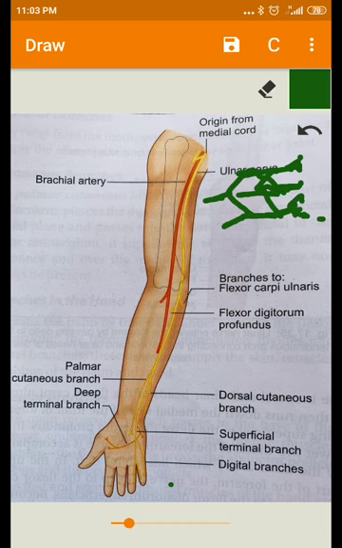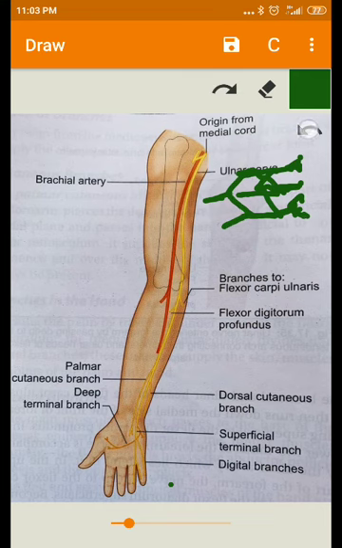Sometimes some branches coming from C7 are also associated with the ulnar nerve. So this is the course and root value, C8 and T1, of how the ulnar nerve is formed. The ulnar nerve is the main branch of the medial cord.